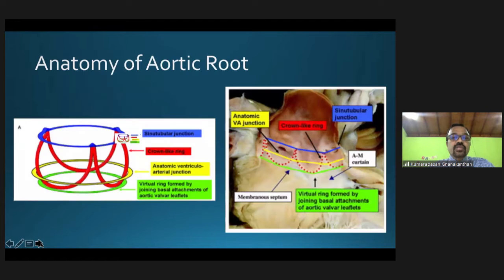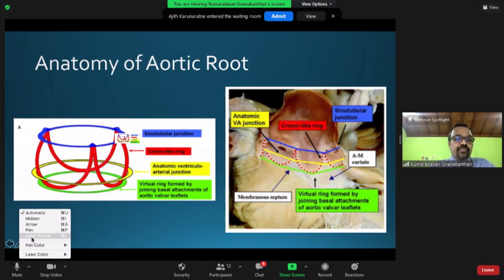When you look at the anatomy, the aortic root is made of 3 circular rings and 3 semicircular crown-like rings. Here you can see the green one, what we call the virtual ring, which runs along the nadir of the aortic valve leaflets.